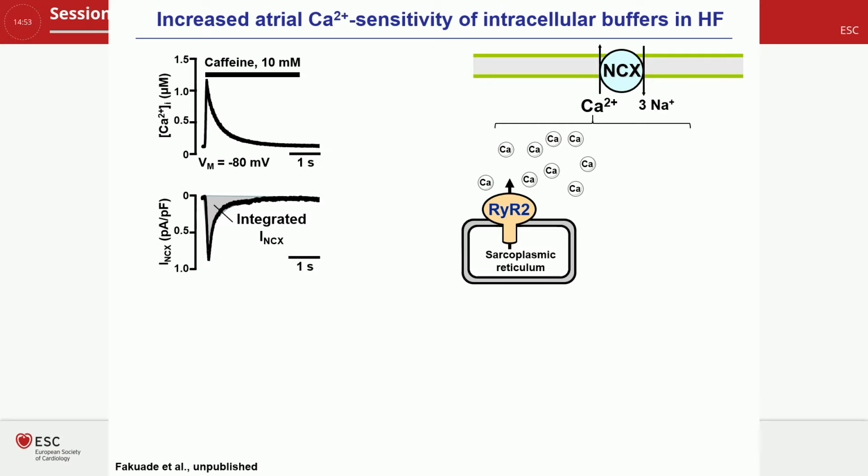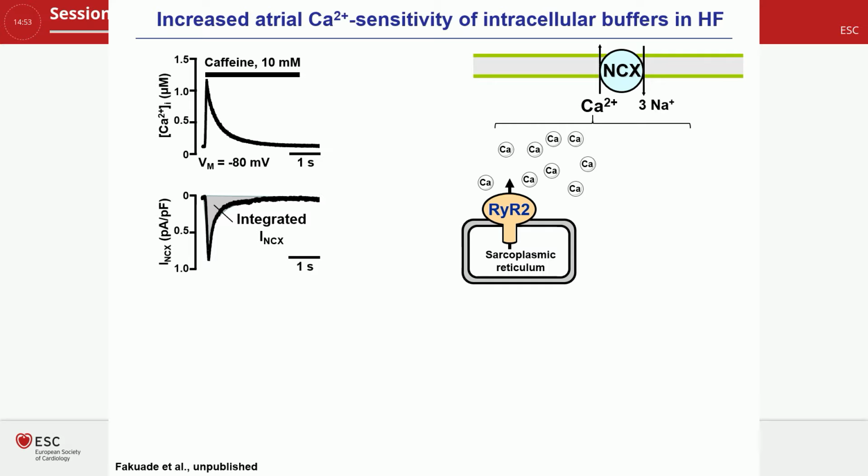At the same time, when we apply caffeine, the released calcium is removed from the cytosol via the sodium-calcium exchanger, which, as mentioned already several times, is electrogenic. In response to this caffeine-induced calcium transient, we could measure a depolarizing inward current, and the area under this curve is an accepted index of the SR calcium load in these myocytes.